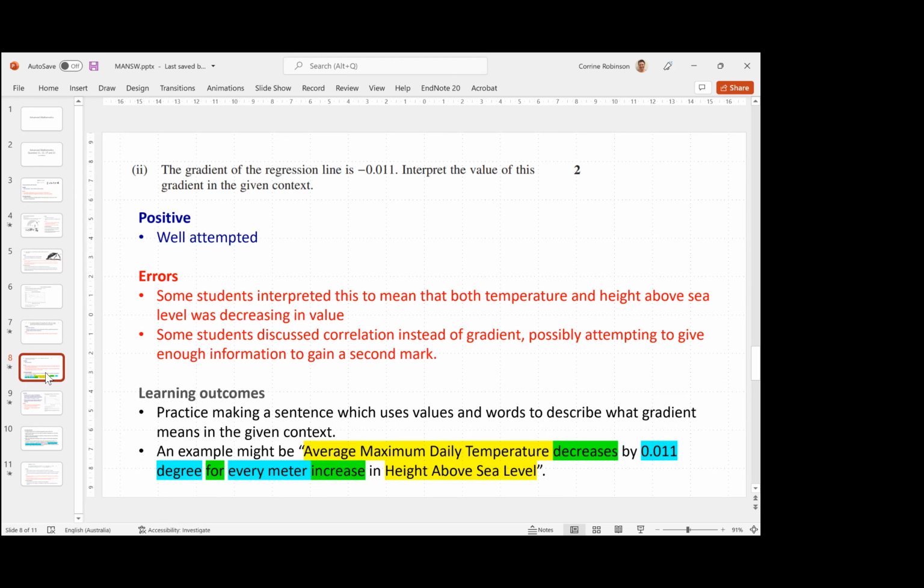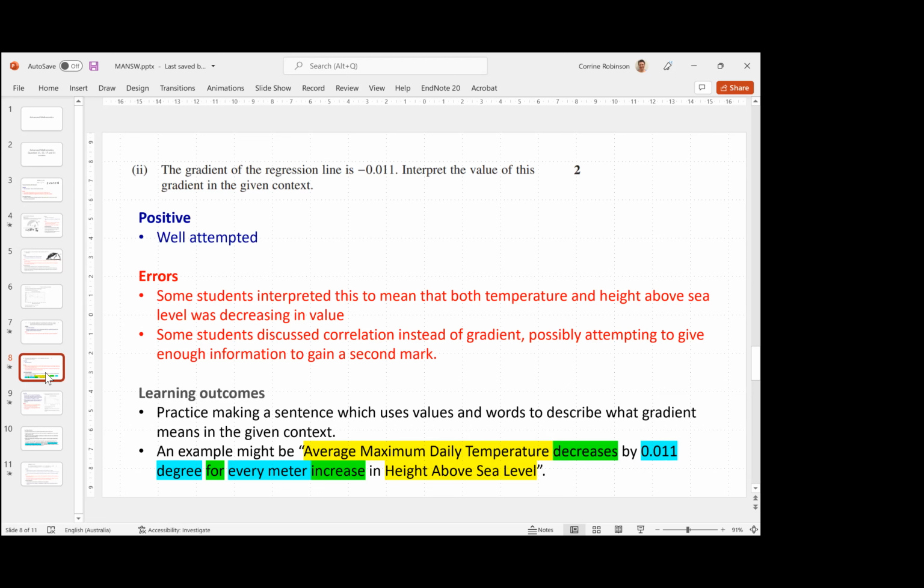And then the other thing we saw a bit of was students discussing correlation instead of gradient, or perhaps as well as gradient. So perhaps they felt that what they put for 1 mark wasn't enough, and so they were looking for something else to say, and the obvious thing they talked about there was correlation. So this question's about gradient. They need to focus in on gradient.